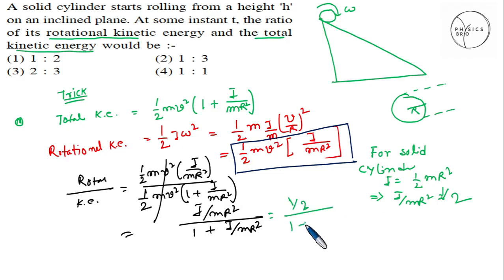We put half in the numerator, and in the denominator comes 1 plus 1 by 2, and this gives us 1 by 3. That is, the ratio will be 1:3. So the answer will be this one.